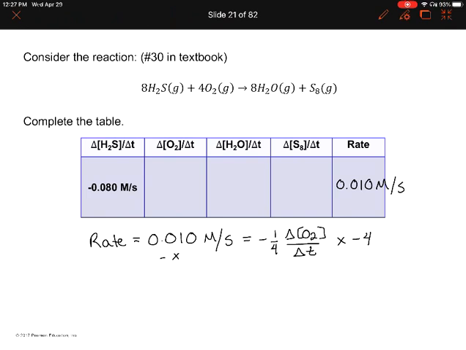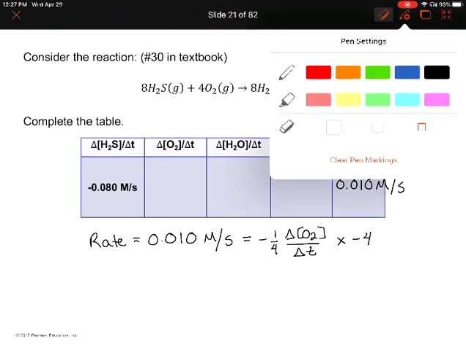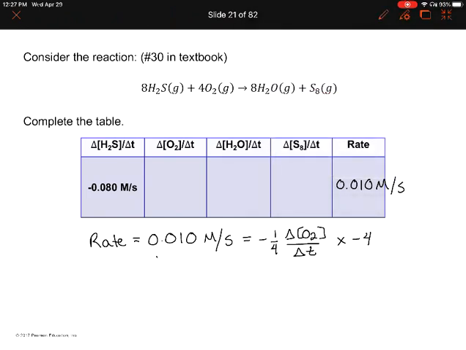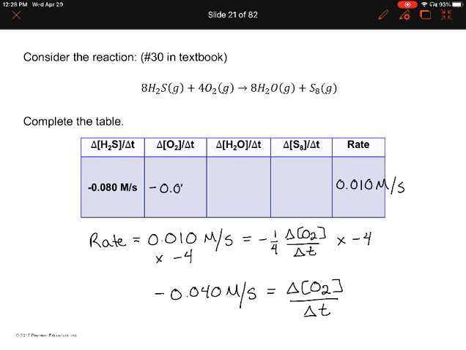Oh, wrote that backwards. So we'll multiply both sides, and that will give us, let's see, negative 0.04 moles per liter per second for the change in concentration of oxygen over time. So now we can plug that value in for oxygen.